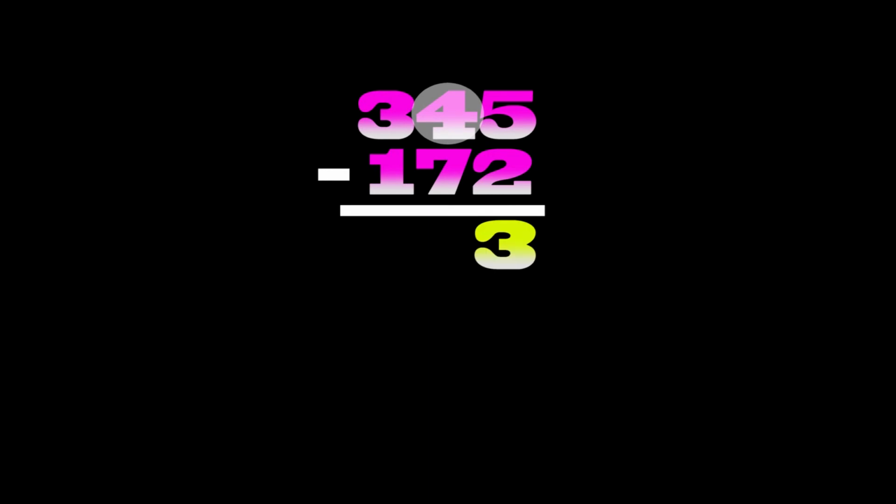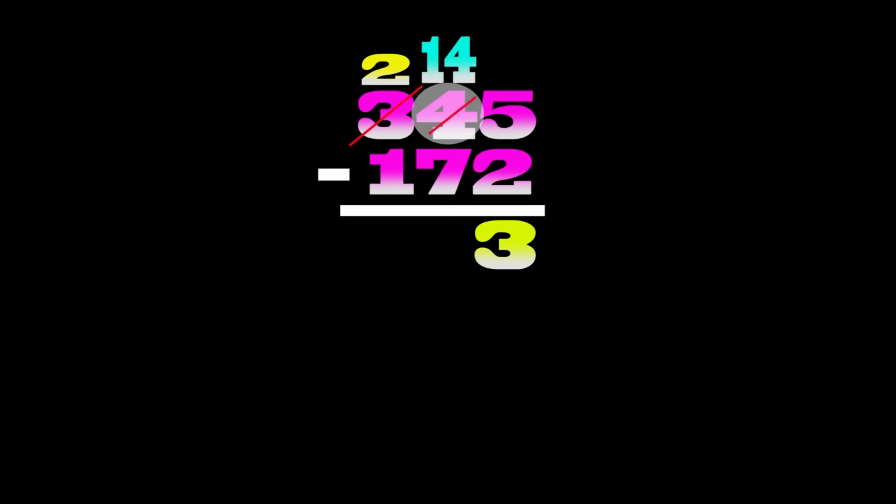Now that I'm at the tens place, I know I need to take 10 tens from the hundreds place to make this work. So I cross out my 3 and I put a 2 above it to represent, instead of having 3 hundreds, I now have 2 hundreds.